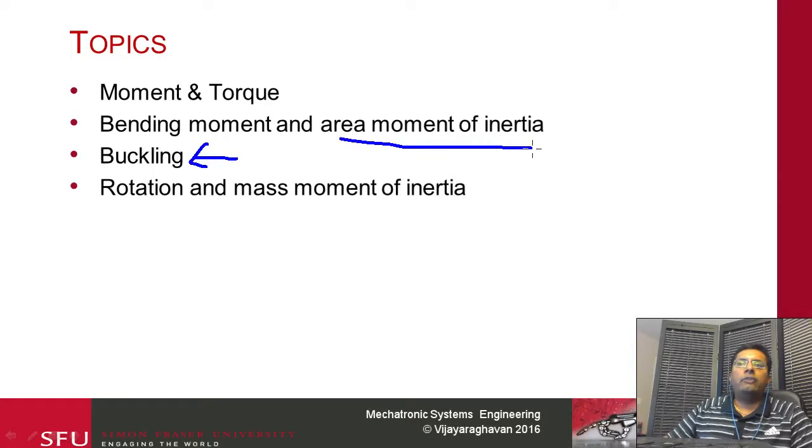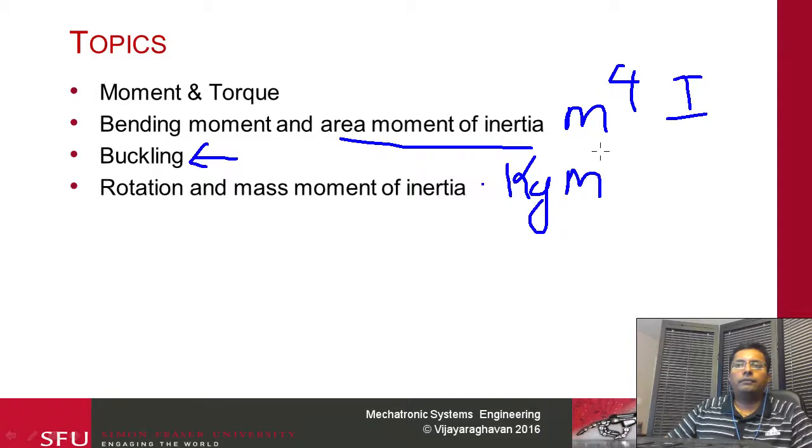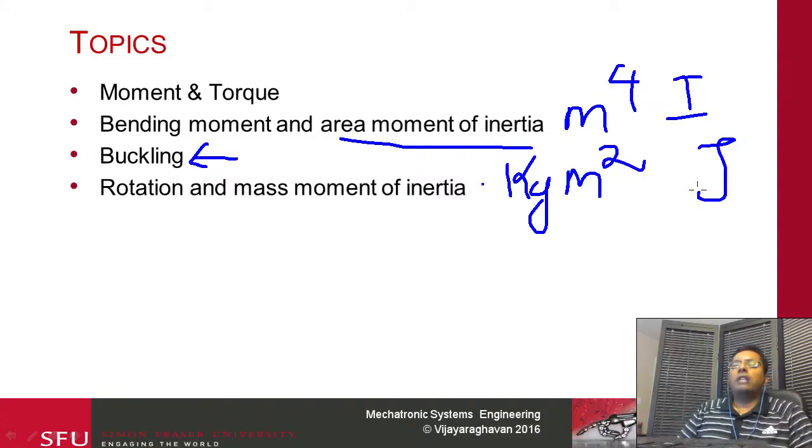The area moment of inertia, we said, had the unit of meter to the 4, and we typically use the letter I. The mass moment of inertia is going to be kg meter squared. Here we'll use the letter J. Some books use the same letter I, so we're going to avoid it here because it leads to a lot of confusion. So make sure if it's rotation, mass moment of inertia, you always use J.